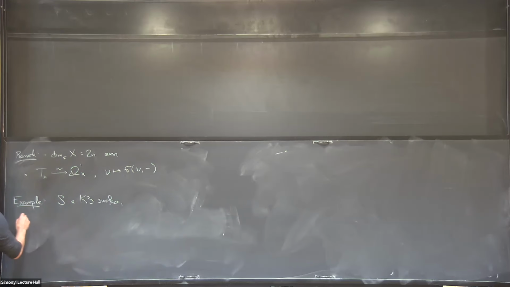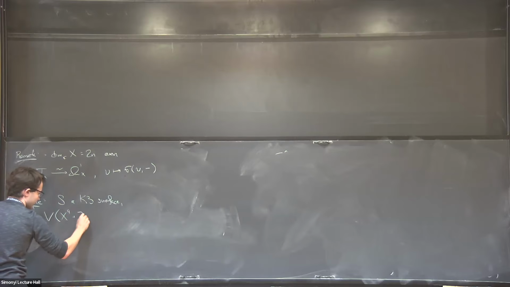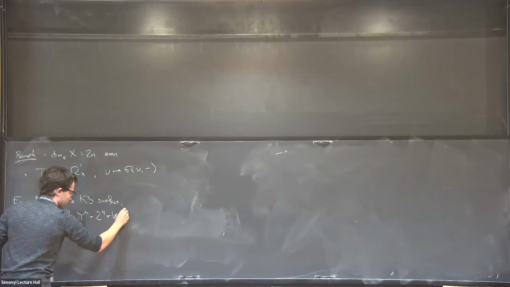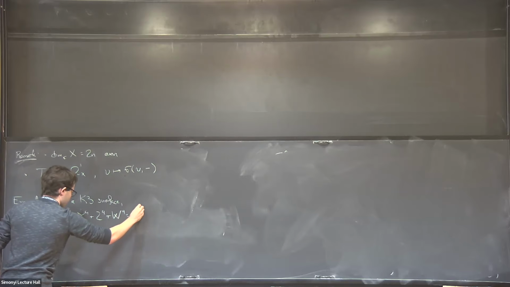The easiest example of a K3 is a quartic surface inside of P3, say x to the fourth plus y to the fourth plus z to the fourth plus w to the fourth equals 0.